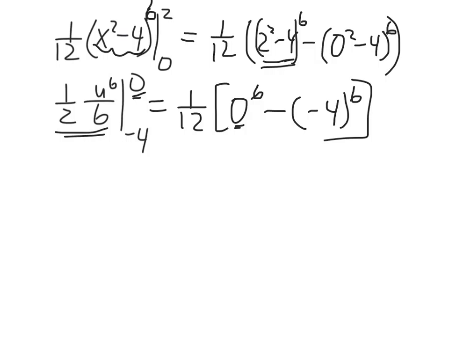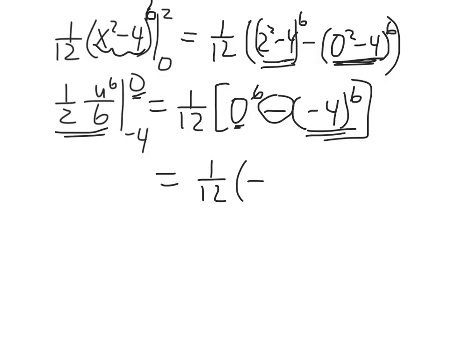And then minus, well, this would also simplify down to -4 to the 6th, which we have right there. Now, careful, we'll still have the negative there, but either direction we get 1/12 times negative and then whatever 4 to the 6th turns out to be.